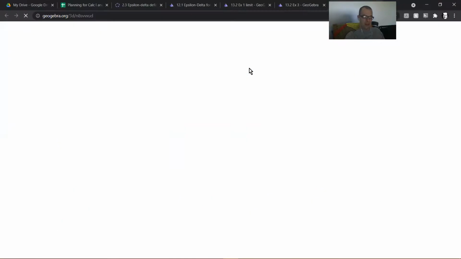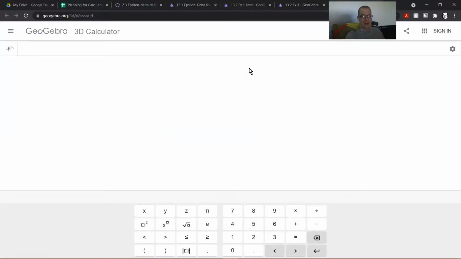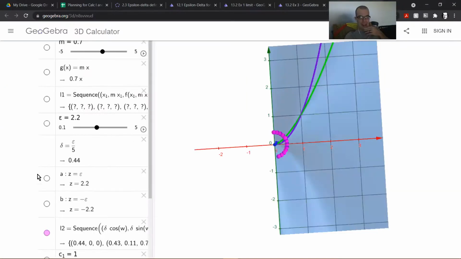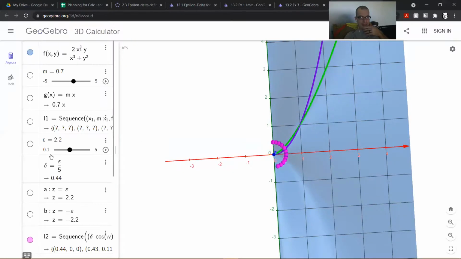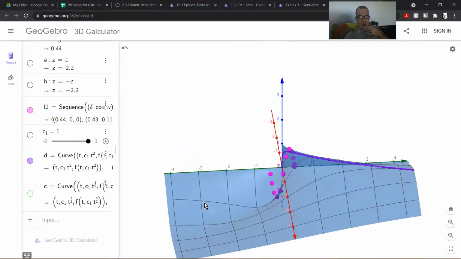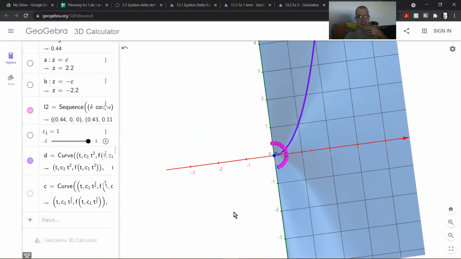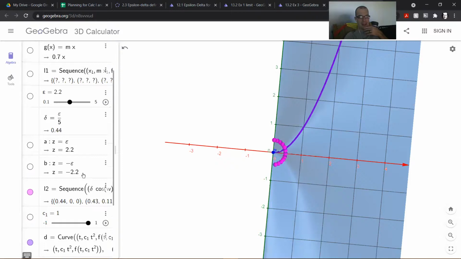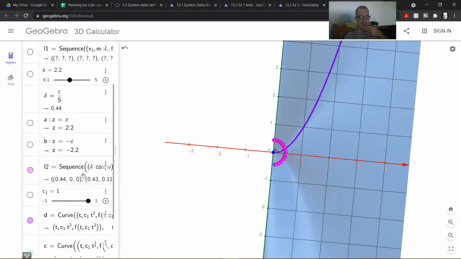Let's go ahead and look at GeoGebra to get a little break before we do the other path. There we go. Okay, so this purple line is our quadratic path, and this C1 is the coefficient.